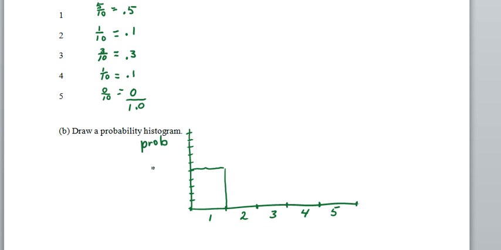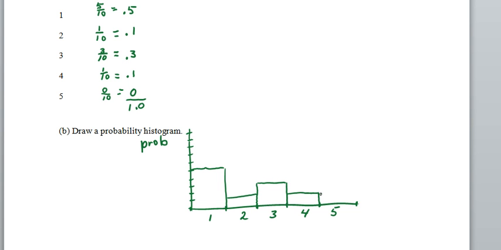This is the probability in tenths. Add 1/10 for the 2, 3/10 for the 3, 1/10 for the 4, and no height for the 5.